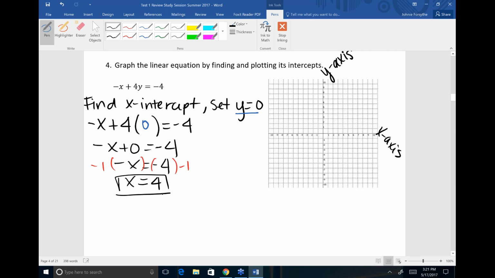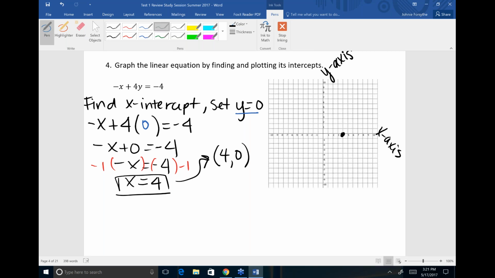So this is an x-intercept. And if I wanted to write it as an ordered pair, that would be (4, 0). So let's plot that intercept. Remember, the intercept is on the actual axis, and it's an x-intercept. So I'm going to go to 4 on the x-axis and plot that point.